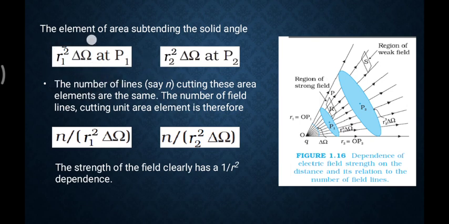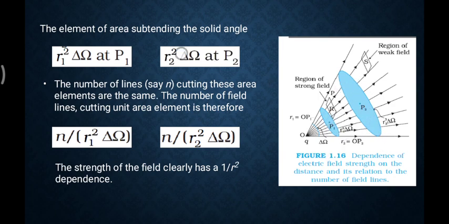The area element subtended by the solid angle at P2 is R2 square delta omega. Now give me the answer: where is the area element more, at P1 or P2? Very simple, as you can see in the figure also, the area at P1 is less than at P2.